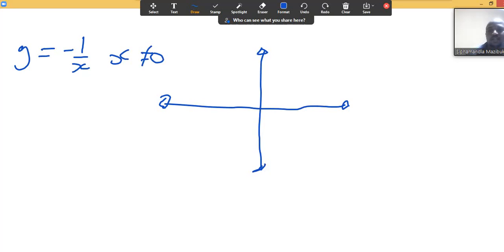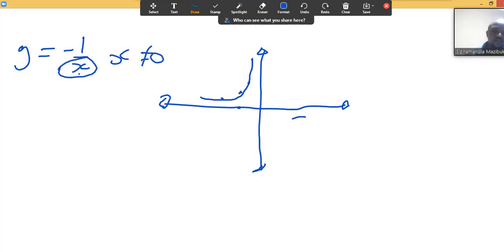If you're looking at x equal to minus 1, it is here, and x equal to positive 1 will be just here. Then the next points are expected to be here, and you can have a graph just like that.